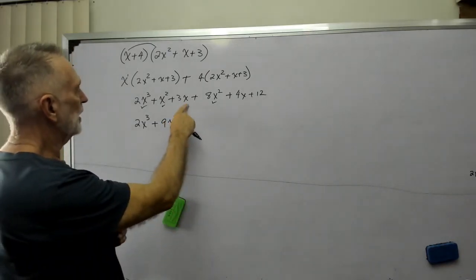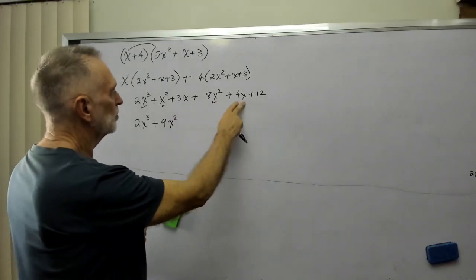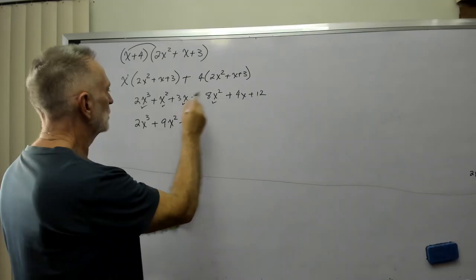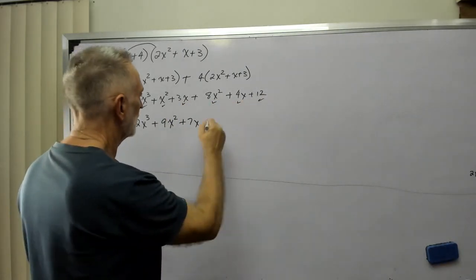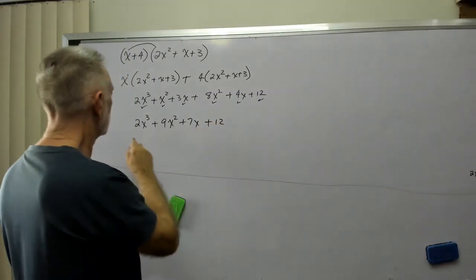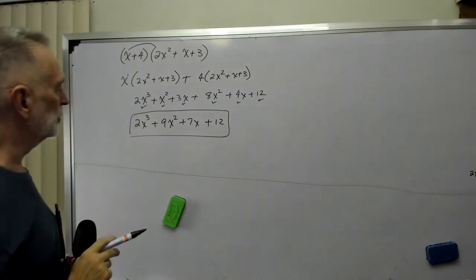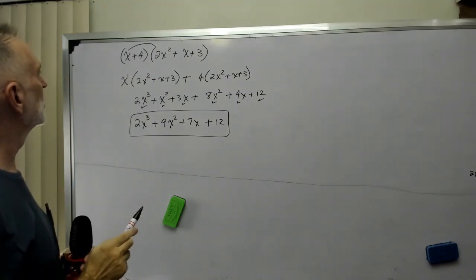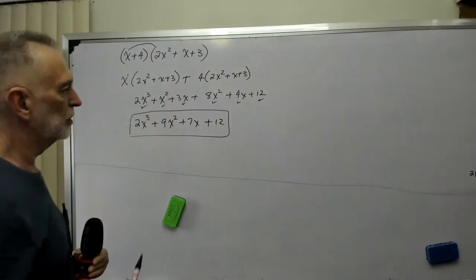Now I'm looking for x to the first power terms. So 3x plus 4x gives me 7x. Check those off. So I have everything except plus 12. So that would be my answer: 2x cubed plus 9x squared plus 7x plus 12.